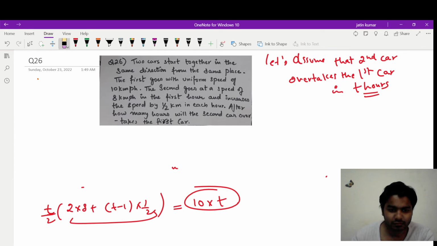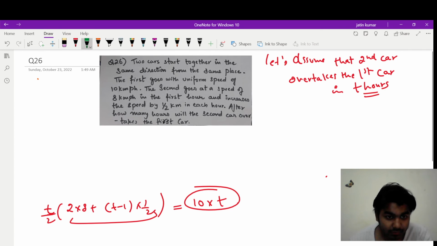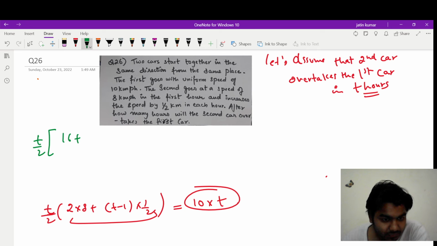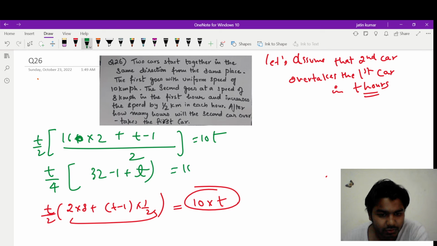Let's keep it here only. 16 plus, 16 into 2 plus t minus 1 upon 2 is equal to 10t, right? So t by 4, 32 minus 1 plus t is equal to 10t.